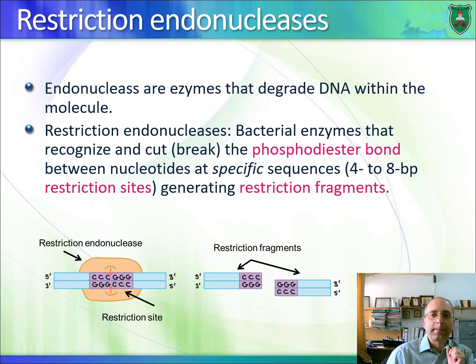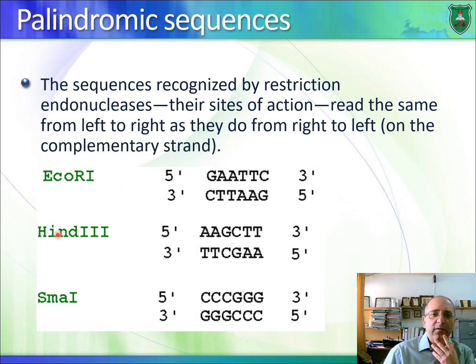Now, there are different restriction endonucleases, and they recognize palindromic sequences. What do we mean by that? Look at the restriction site for this enzyme, EcoR1. It was identified in the bacteria E. coli, and the enzyme was given the symbols R1 to differentiate it from other restriction endonucleases that exist within the same bacteria.